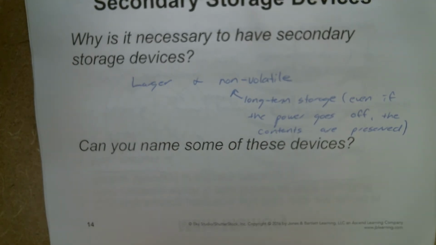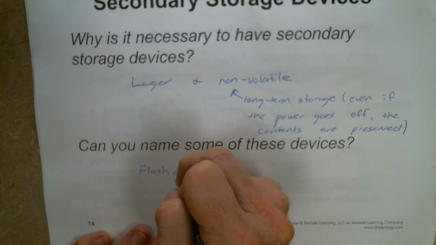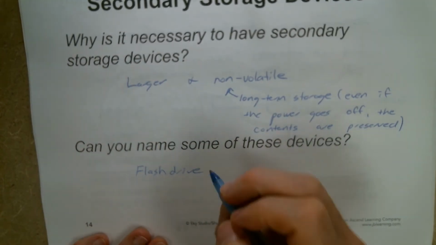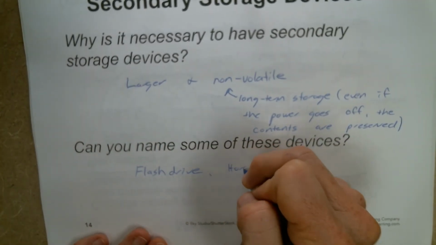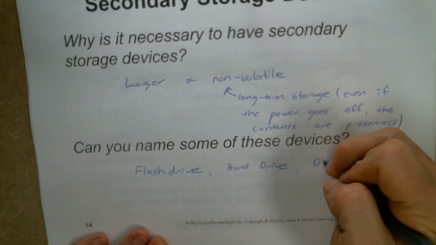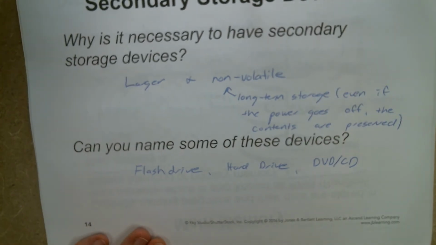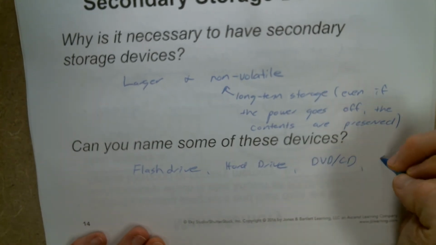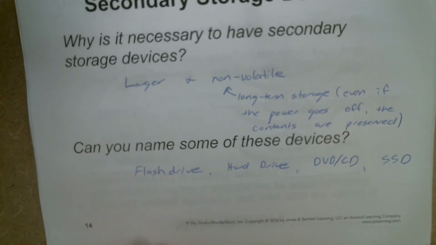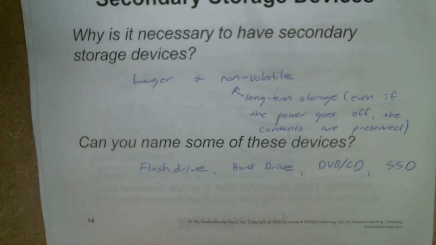So can you name some of these devices? Again, a flash drive or a thumb drive is an example of a secondary storage device. Your hard drive is a secondary storage device. DVDs and CDs, not that people really use them that much anymore, are secondary storage devices. SSD, which is a solid state drive, is just another type of hard drive that uses different technology.